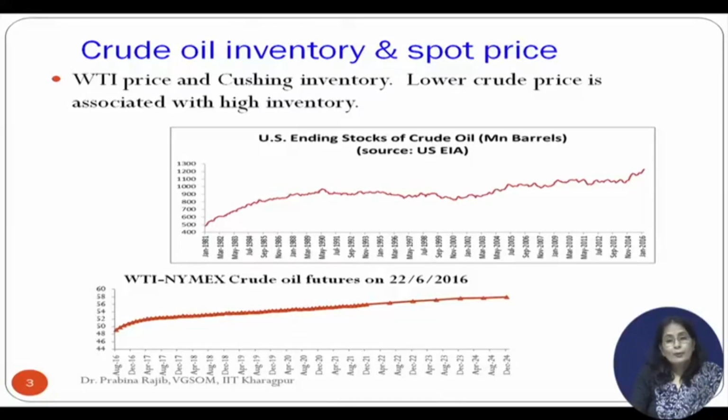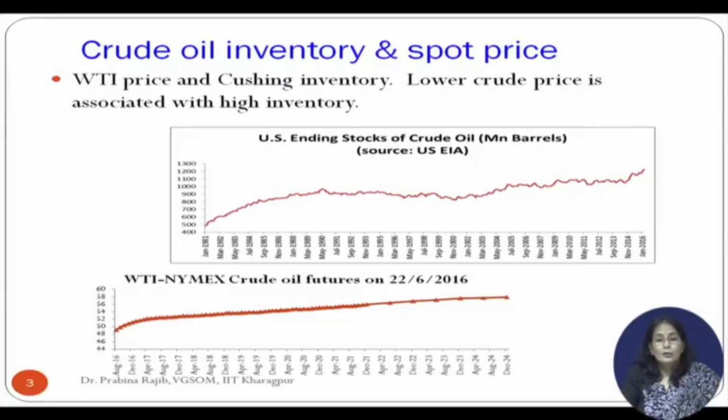At this point of time, if you recall, this second graph in front of you is the WTI NYMEX crude oil futures contract, which traded on 22nd June 2016. If you can see, the near month contracts are lower than the far month contracts. So this is a typical structure of a contango market.